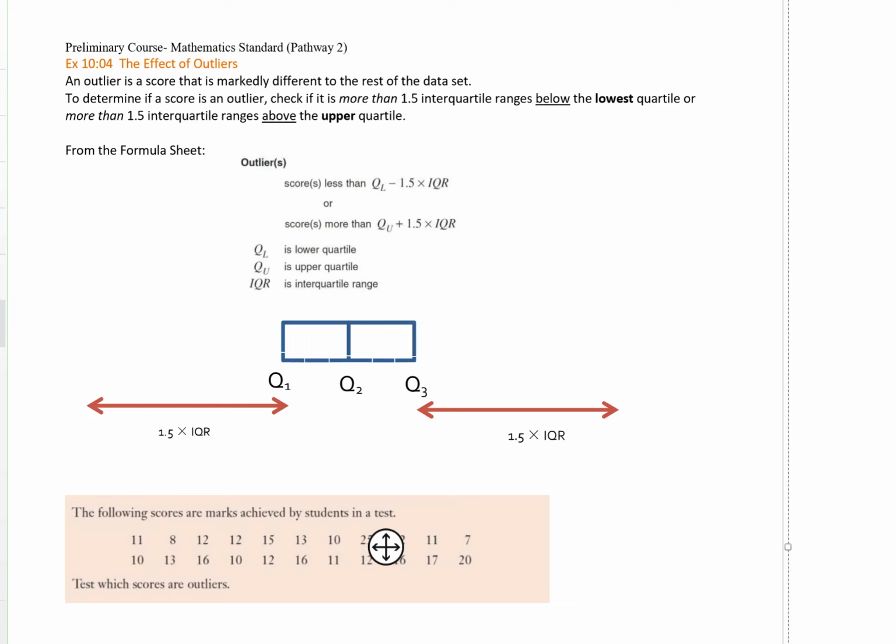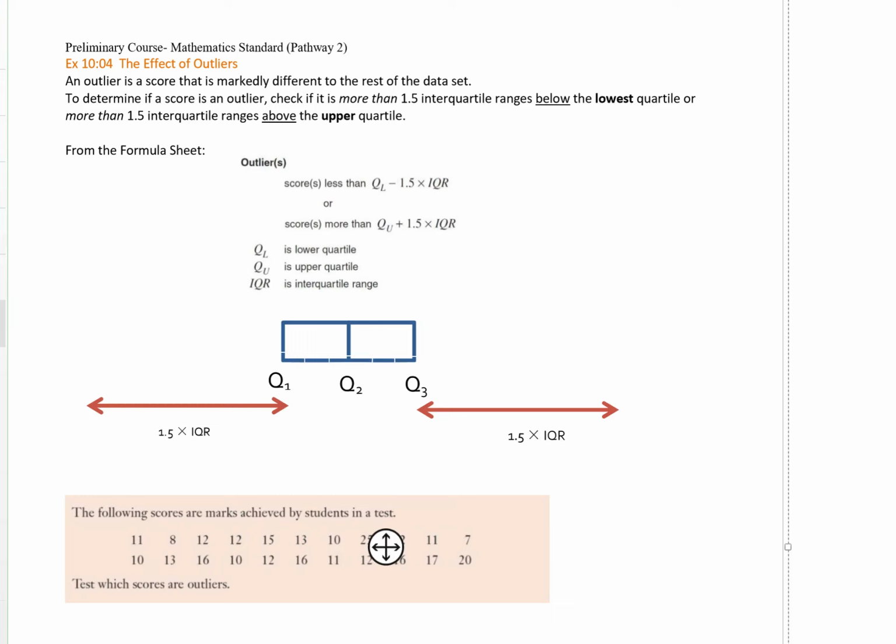So let's say you did a test and most people were getting results around 70%, 80%, and then there was just one result of, say, 30%. Now that 30% would be classified as an outlier.